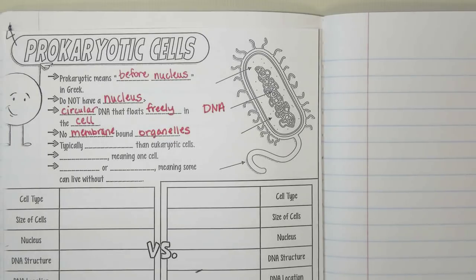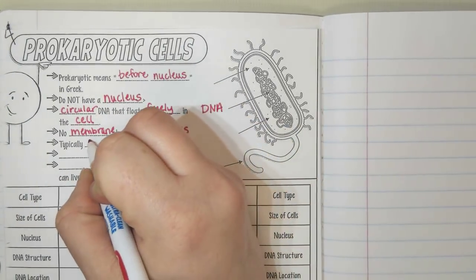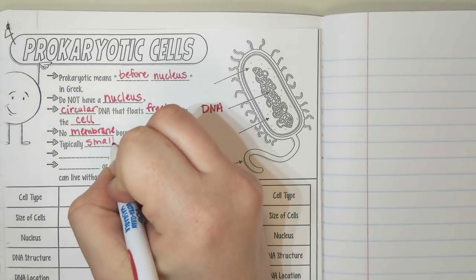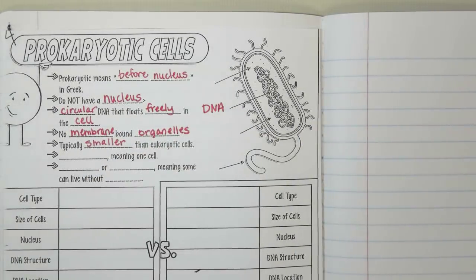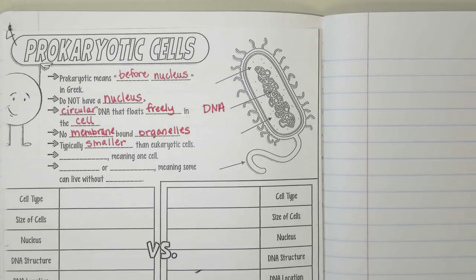When it comes to size, partially because these are so simple, there are not a lot of parts, they're typically smaller than the other type of cell. And now remember, when we're talking size, we're saying that these are still very teeny tiny, and we can only see cells with a microscope.